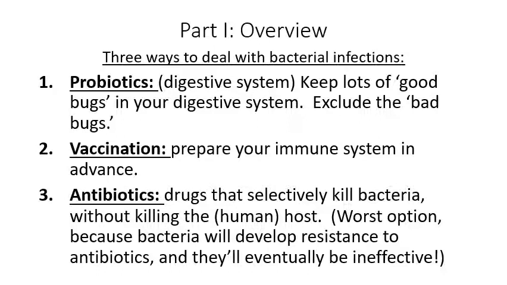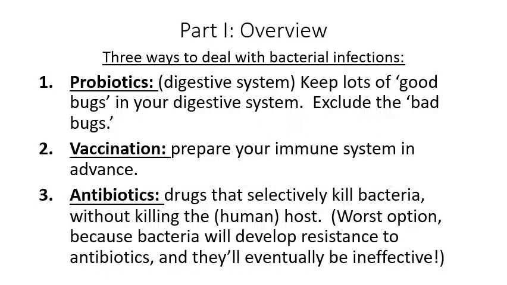Ideally there are 3 ways to deal with a bacterial infection. Number 1 is you can take probiotics. As you know, the bad microbes like Clostridium difficile usually are excluded from the human intestine, for example, because there are too many good bacteria in the human intestine that will not give them any room to set up house.